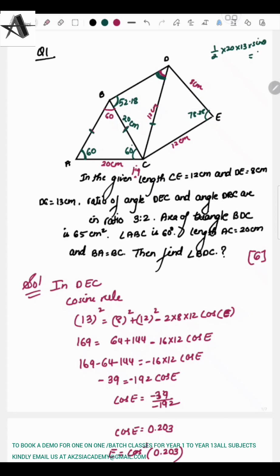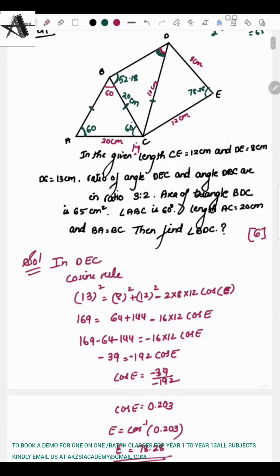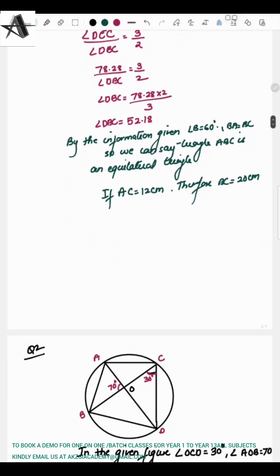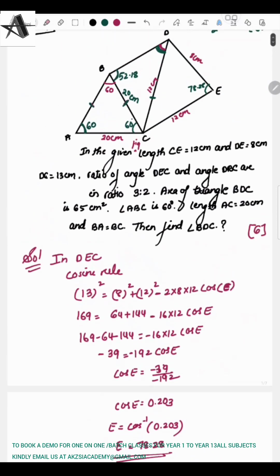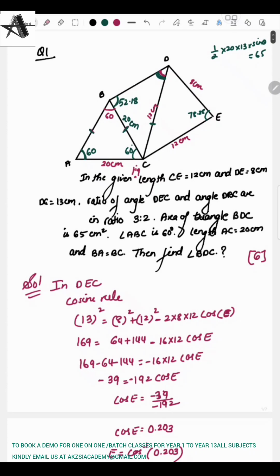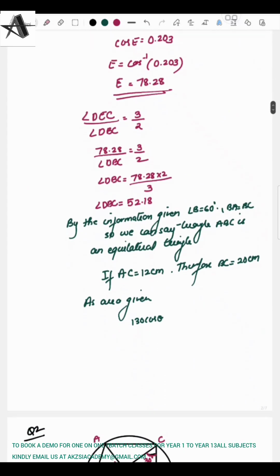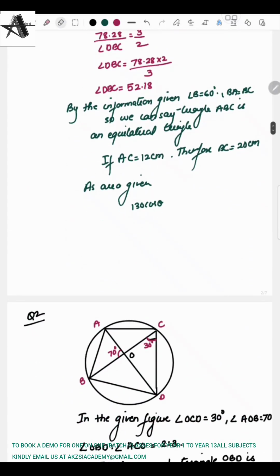This is given as 65. So I can say this is 130 times sine theta. So as area is given, 130 sine theta is equal to the value that's given. Here the value is 65.